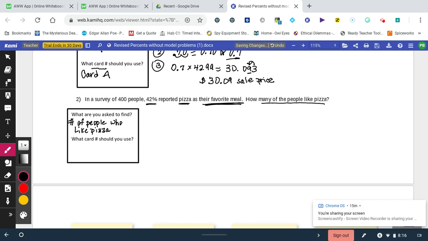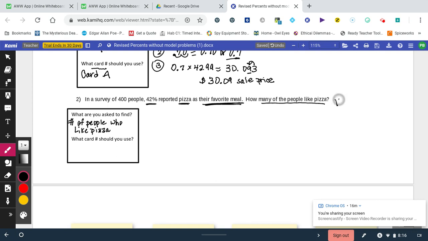And I probably should say like pizza the most. All right, so 42% said pizza is their favorite meal. So what card should we use if 42% of the people, and you say what people? Well, how many people were surveyed? So 42% of all those 400 people like pizza as their favorite meal.